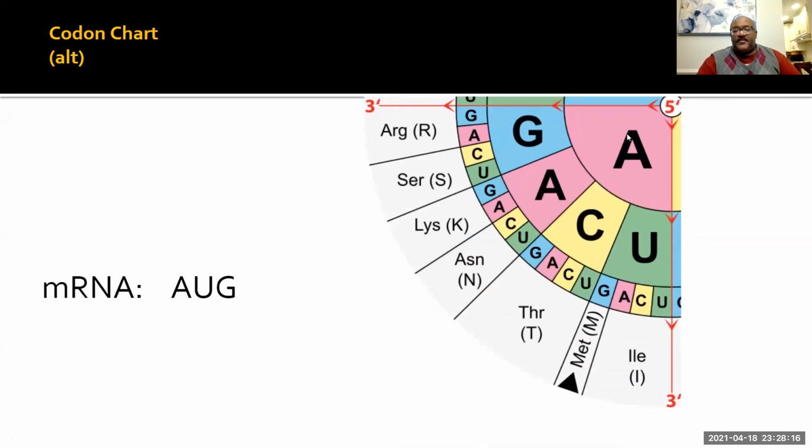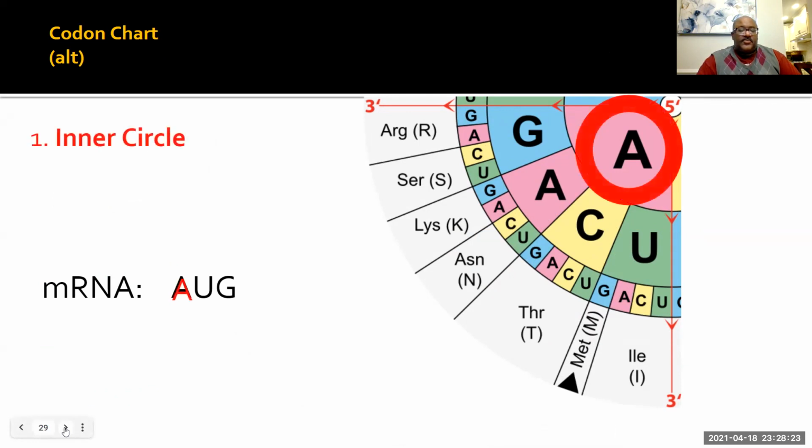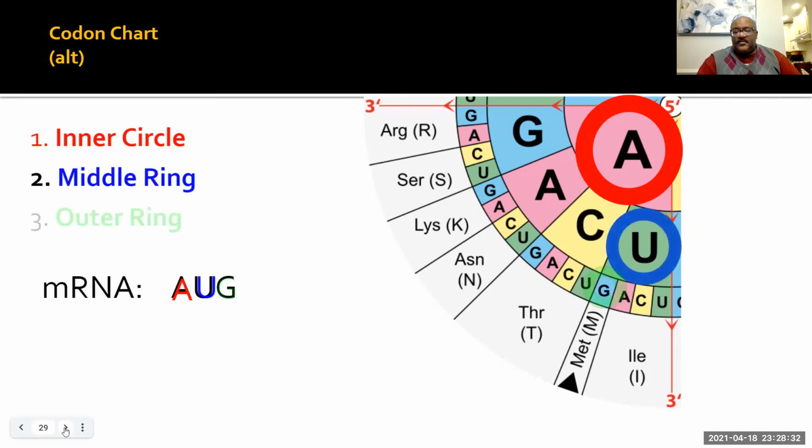Start with the A. Then you go to the U in the middle ring, and then you find G. And that particular amino acid is methionine.